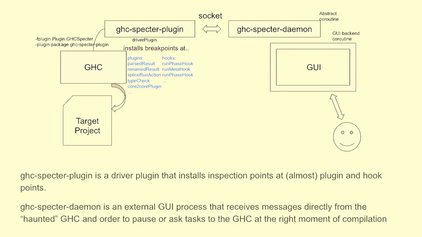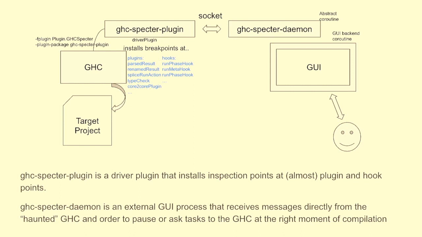Okay, and then as I said, it has this socket communication with the ghc-specter daemon. And the daemon is actually organized as a kind of abstract machine with the GUI backend. So this abstract coroutine machine, which is organized with an effect system or with the free monad, is actually backend independent. In fact, the GUI backend can be replaced by any text-based UI or web-based UI.